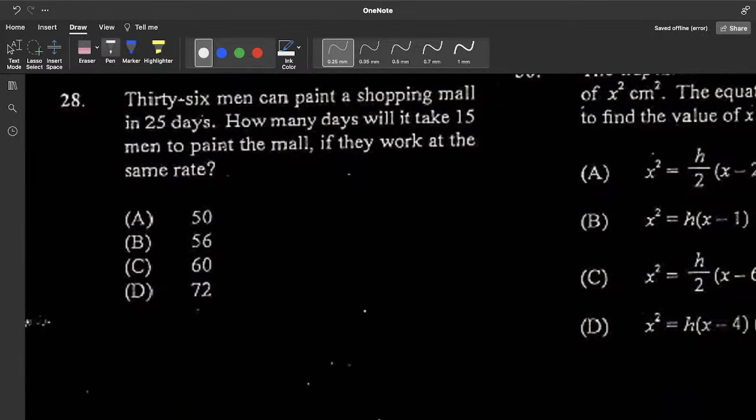A very interesting question here. It says 36 men can paint a shopping mall in 25 days. So we have 36 men painting a shopping mall in 25 days.